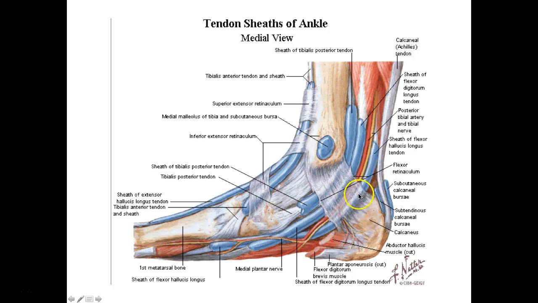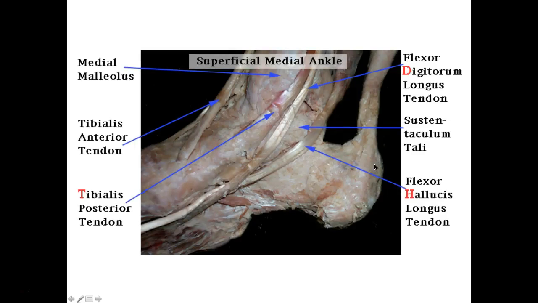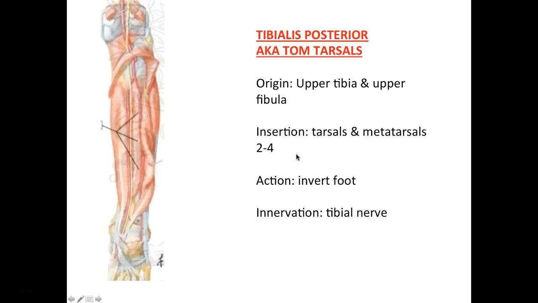And then you have your flexor hallucis longus, which would be Harry. So here's what it'll look like in a cadaver. The artery and the nerve have been removed here, but you can see tibialis posterior right behind the medial malleolus, your flexor digitorum longus, and then lastly your flexor hallucis longus.